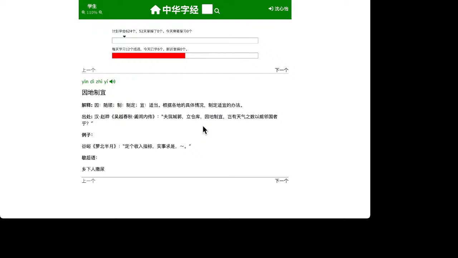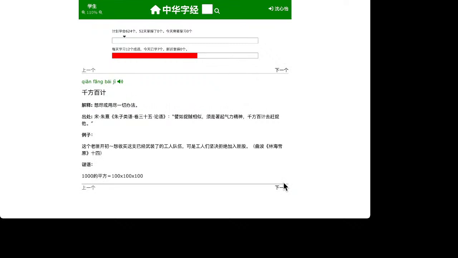Maybe. Well, that's my understanding of this anyway. I don't know all of these. Many of them are new to me too, because I don't read books. 千方百计. So that's a thousand methods and 100 plans. That's trying every possible way to solve a problem.